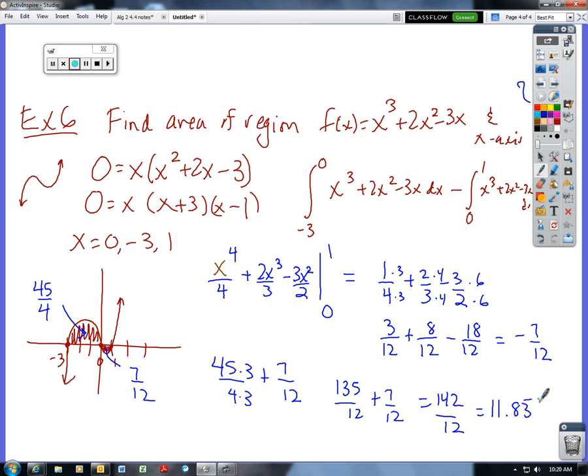I'll just look at my notes and see what it was. 5/6. 5 divided by 6 is 0.83. So this is 11 and 5/6. And that's, again, that's area, so that's units squared.